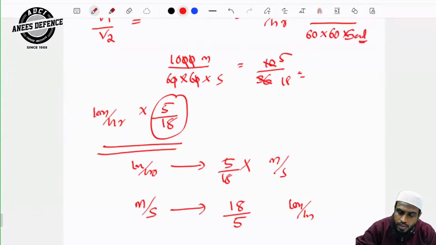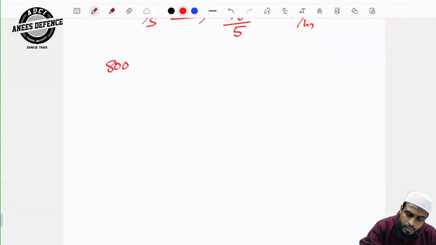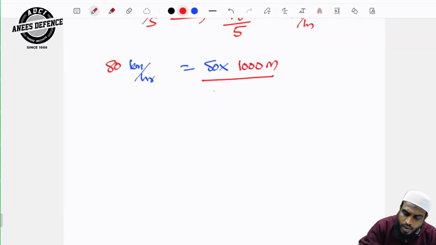Because here 80 kilometer per hour is converted into 80 into 1000 meter, 1 kilometer is 1000 meter, and 1 hour is 60 into 60 seconds.